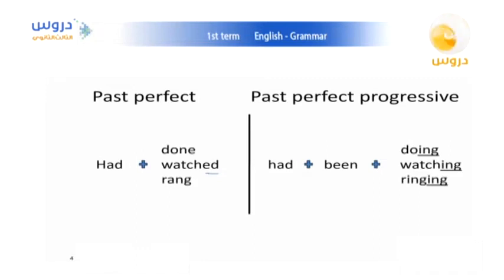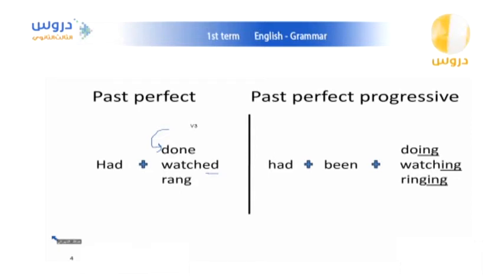So we can call this one verb 3. Let's draw a line to show you these are the verbs 3: done, watched, and drank. So this is the form now: had plus verb 3. But what is a past perfect?